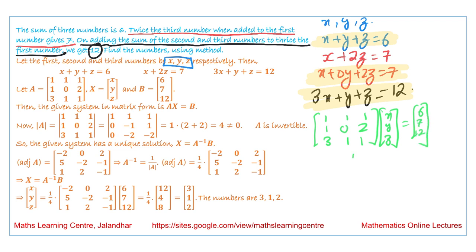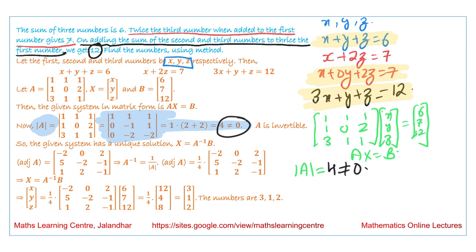This is the matrix A, so Ax is equal to B. Now if we calculate the determinant of A, the answer we get is 4, which is not equal to 0. So we can say that A is invertible. So A inverse exists, and the value of x is given by A inverse of B.